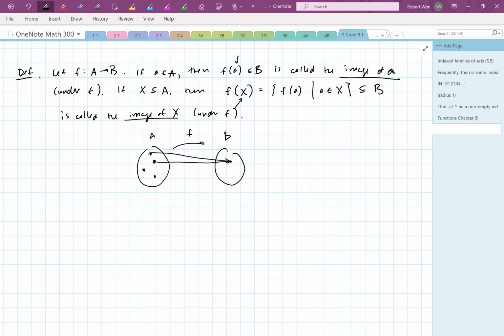Maybe these two map to the same element. If this element is a, then this element is f of a. And if this subset is X, maybe I should have done that in a different color, then this subset over here is f of X.